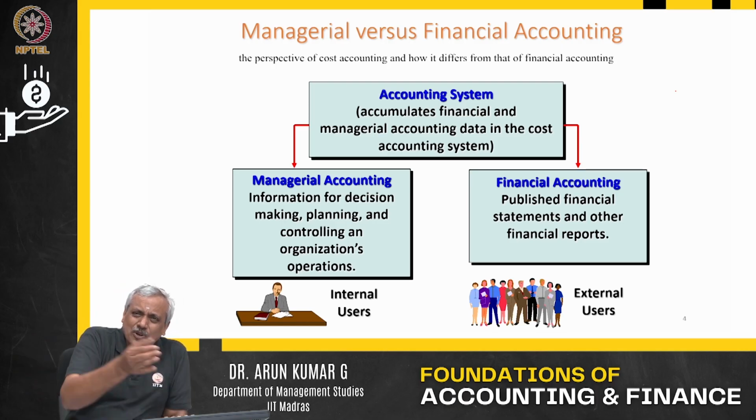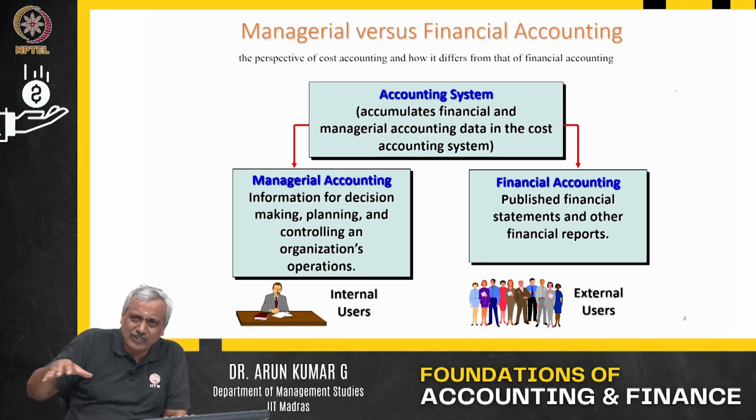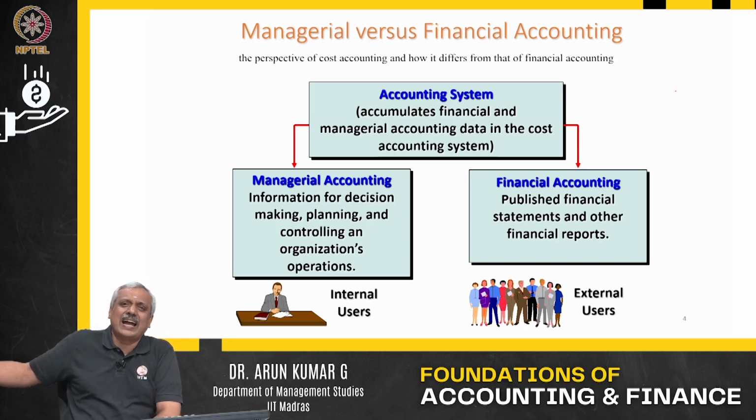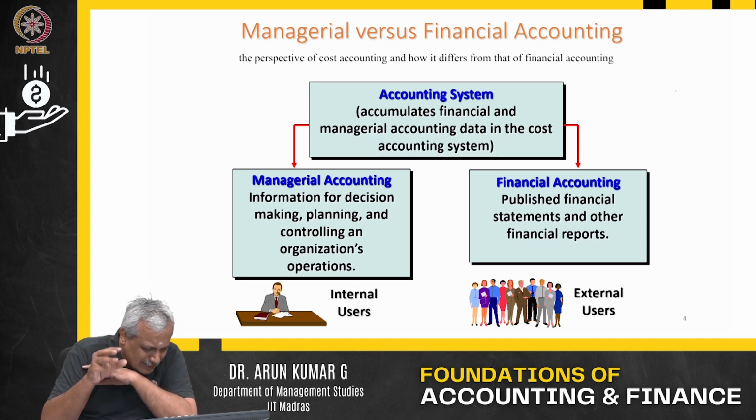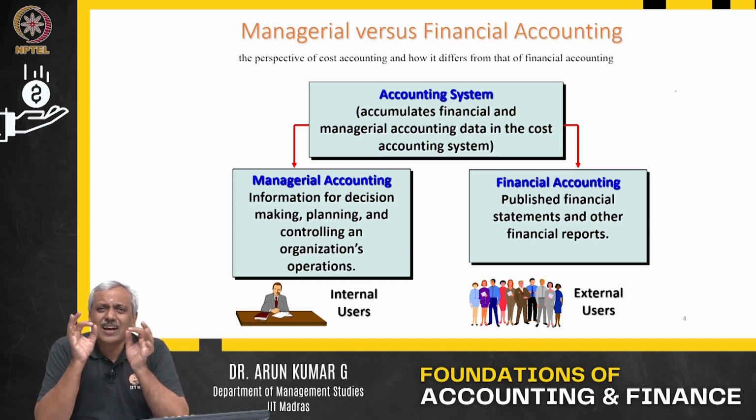Then I plan my production mix so that I manufacture X amount of product A, Y amount of product B, Z amount of product C, and if I sell at the price which is already fixed, I will know what profit I will make, which could be equal to my desired profit. It helps in decision making, planning, and cost control exercises. Let me repeat, it also helps in cost control exercises.